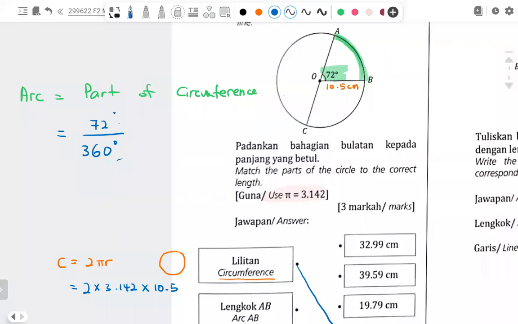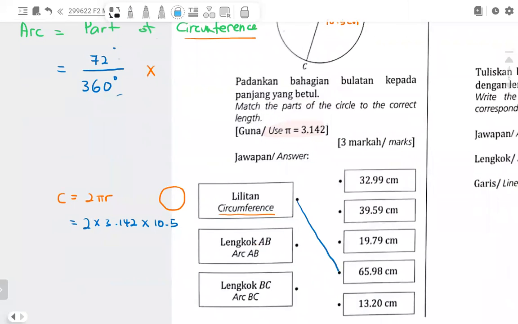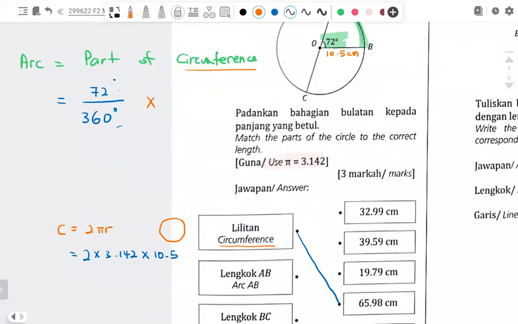Part of circumference. The formula to find circumference again is 2 times pi times radius. Or you can just substitute the answer, 65.98.